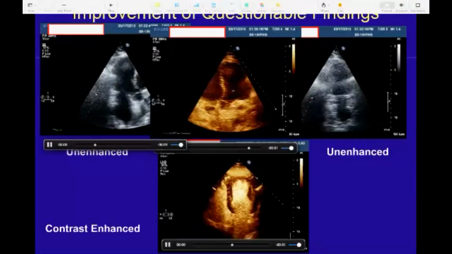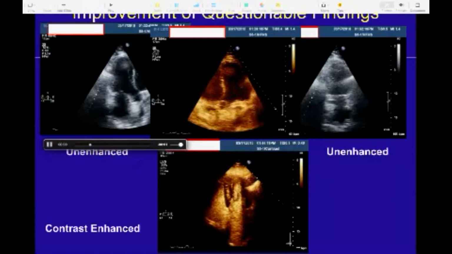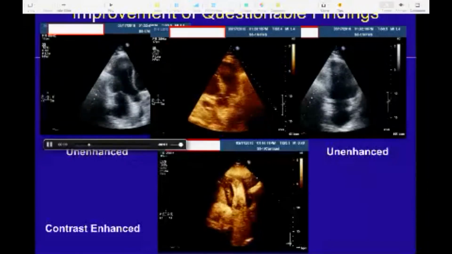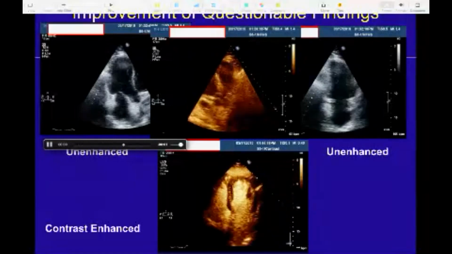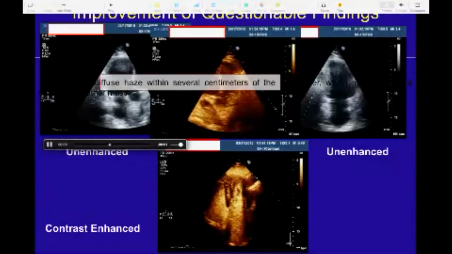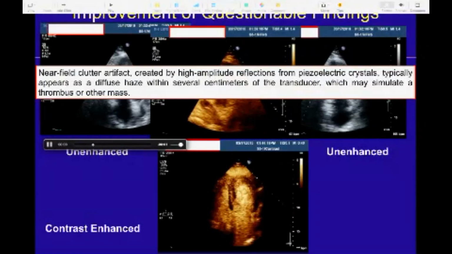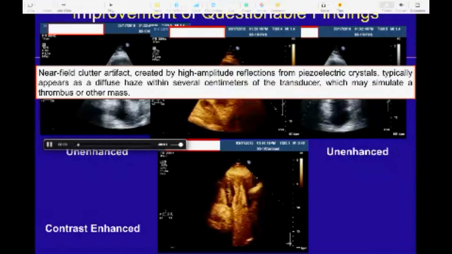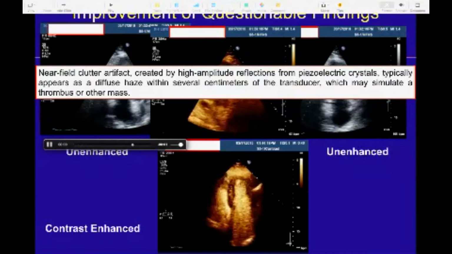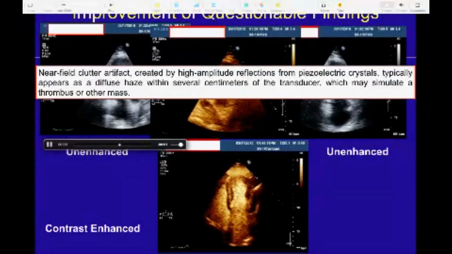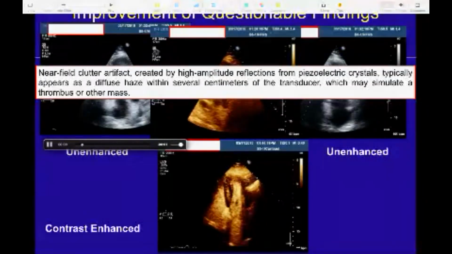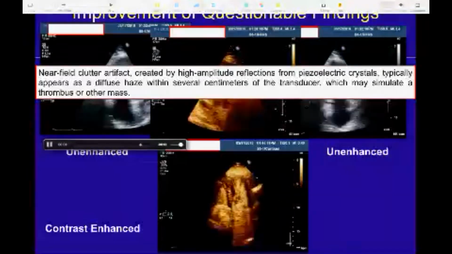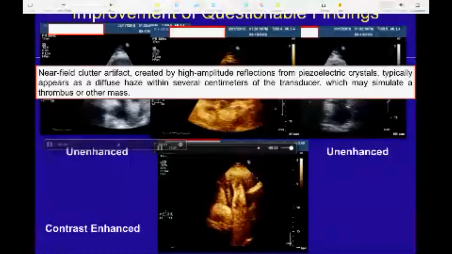And these may be easier to delineate for experienced readers, but for novice readers or people who are not comfortable with calling this, it would be challenging and they may raise concerns. This is nothing but a near-field clutter artifact, which is typically created by high amplitude reflections from the piezoelectric crystals, and it appears as a diffuse haze, which doesn't follow anatomic boundaries and is not usually associated with a wall motion abnormality, as in this particular case.